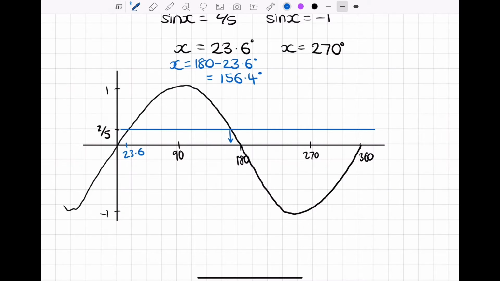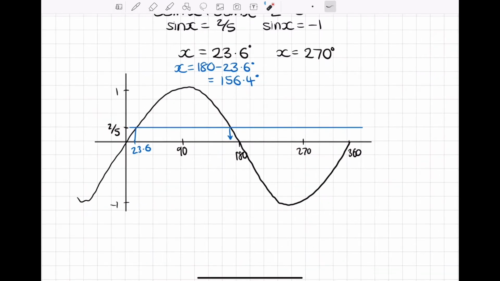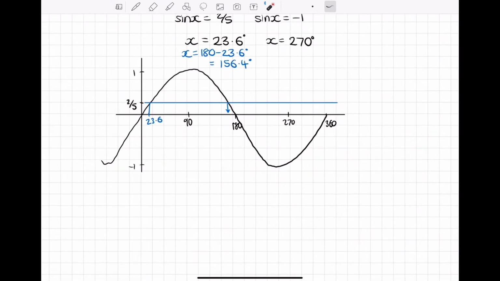So we have two solutions from that one, and for -1 we only have one solution, and that's at our 270 degrees. So altogether for this equation we have our three solutions between 0 and 360 for x: 23.6 degrees, 156.4 degrees and 270 degrees.